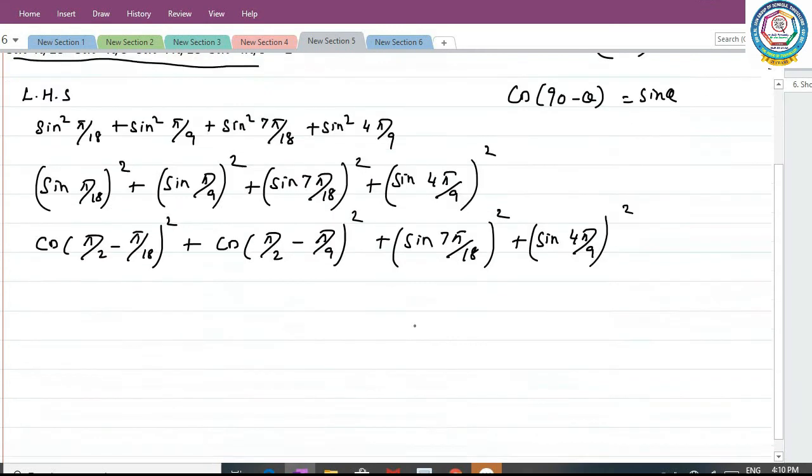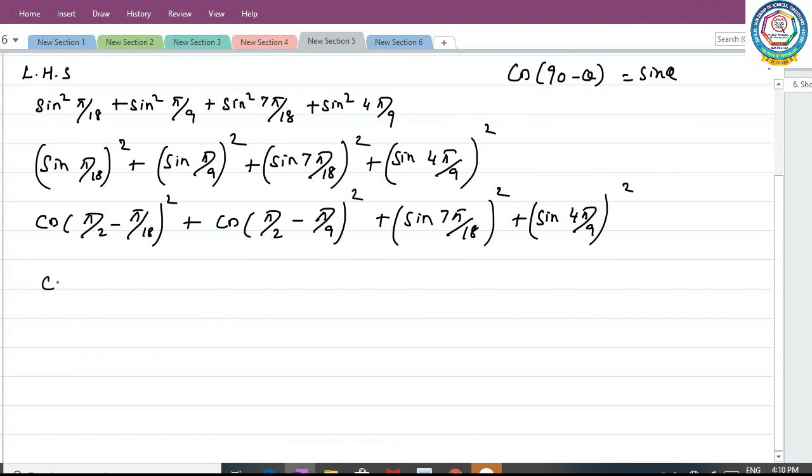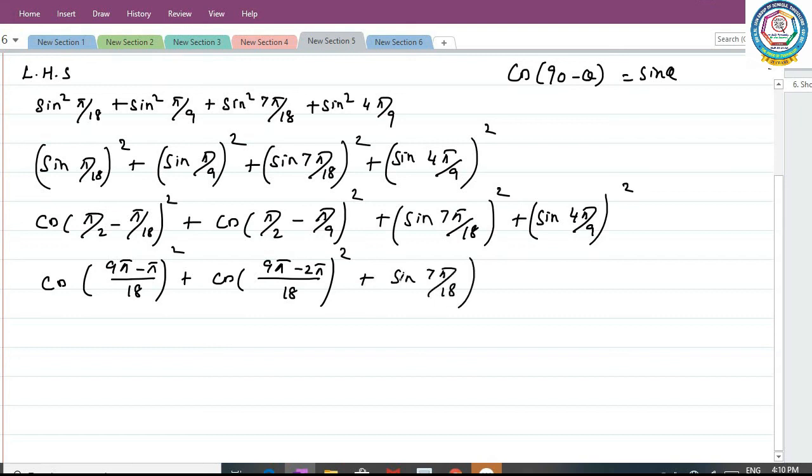Next step, I simplify this. Cos, take the LCM, then 2 goes 9 times: cos of 9 pi minus pi by 18 the whole square plus cos of 9 pi minus 2 pi by 18 the whole square plus sin 7 pi by 18 the whole square plus sin 4 pi by 9 the whole square.